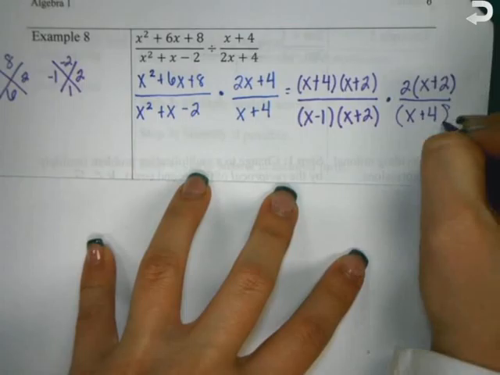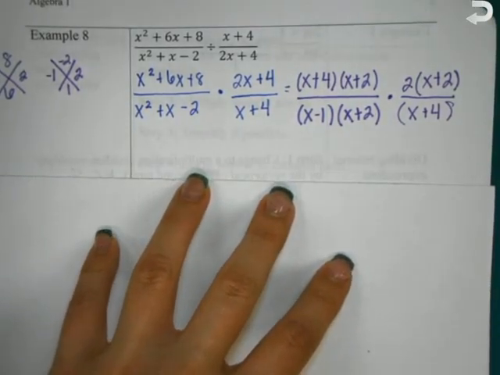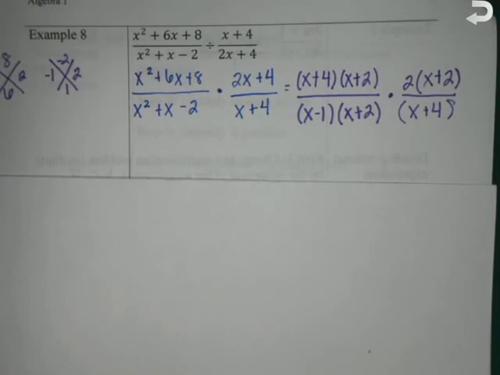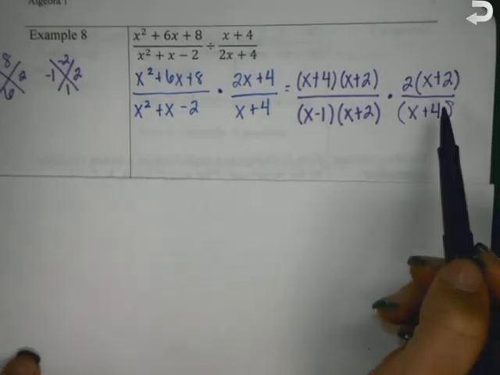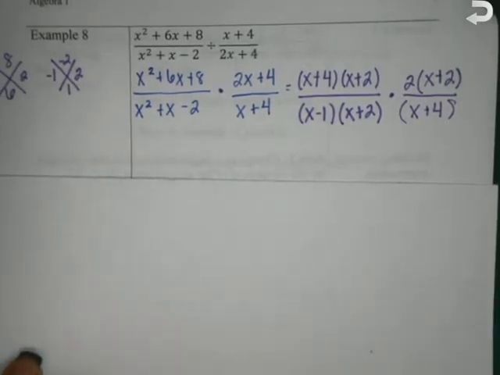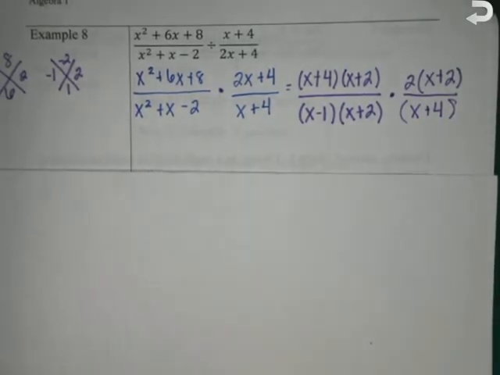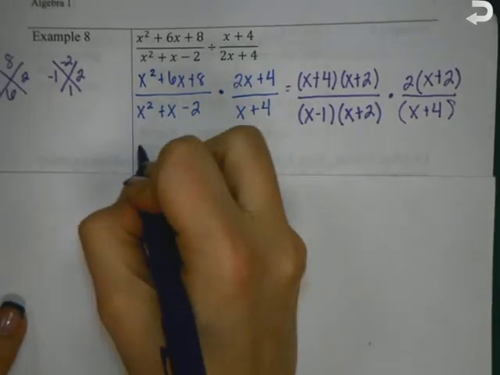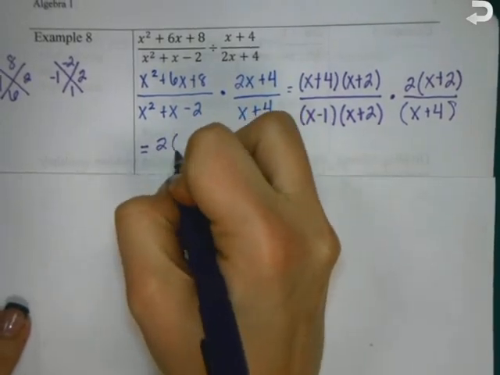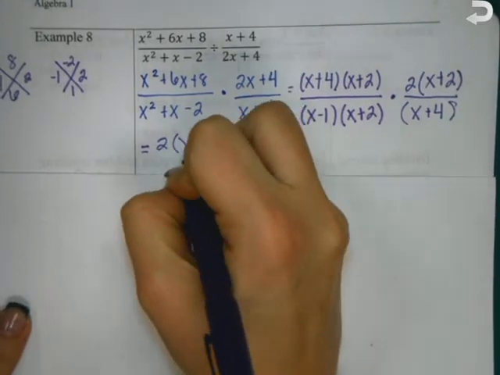So now I get to multiply them straight across. So all I'm going to do is rewrite it, but I'm going to keep all those binomials together, right? So this is the same as 2 times x plus 4. We always put the number by itself in front. That's why I put it in front. Okay?